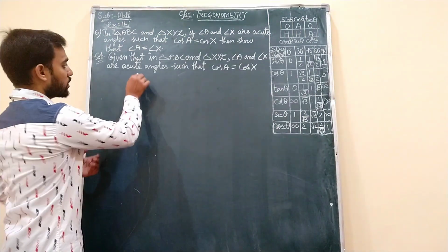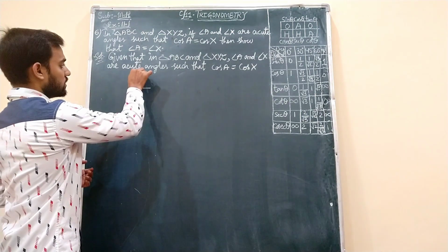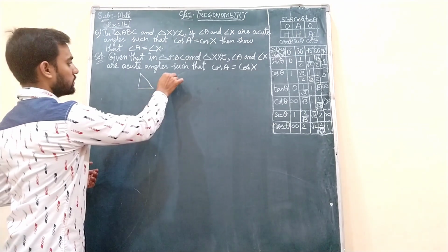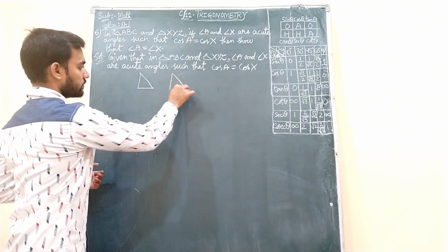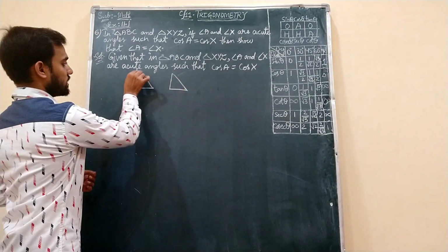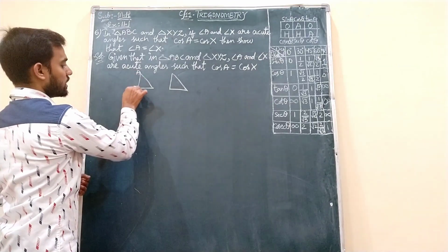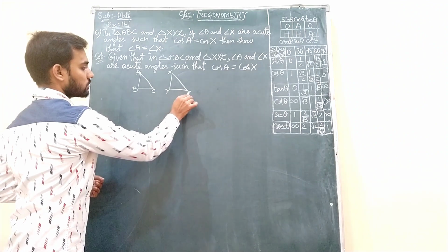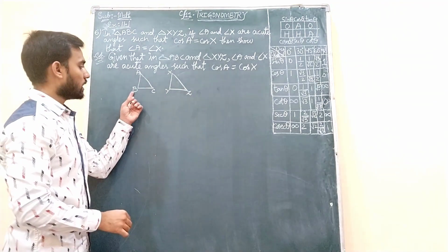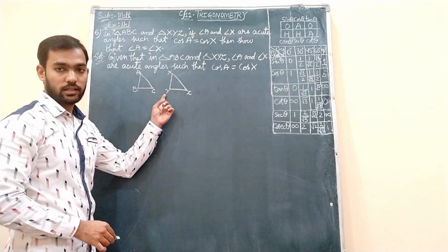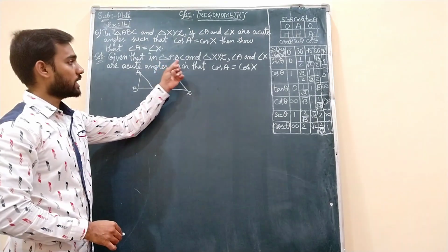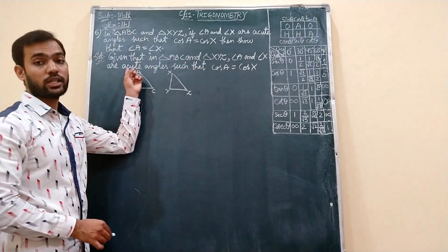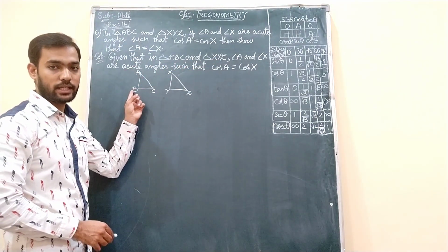Now I will draw two small triangles. Let us say this is triangle ABC and this is triangle XYZ. You cannot take A here, X here, because he already said that angle A and X are acute, so it will not be 90 degree angle.